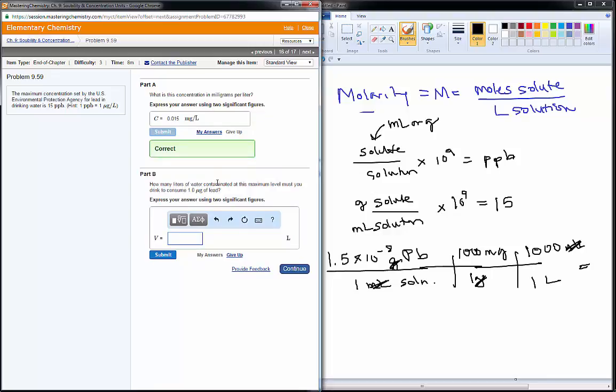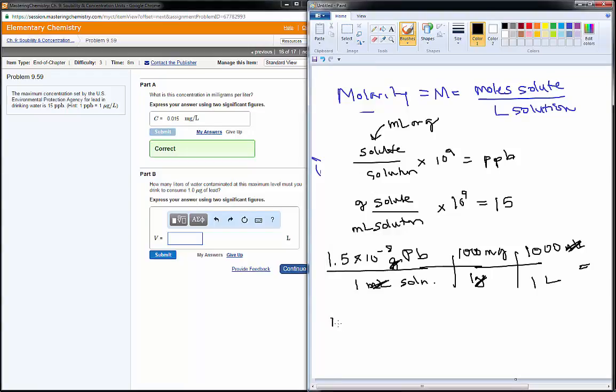Part B asks how many liters of water that's contaminated at that level would I have to drink in order to consume 1 microgram of lead. So starting with 1 microgram, and here I've got units of milligrams, and I don't know how to go from micrograms to milligrams, or I didn't bother to memorize that, but I do know that 1 microgram is 1 times 10 to the negative 6th grams.